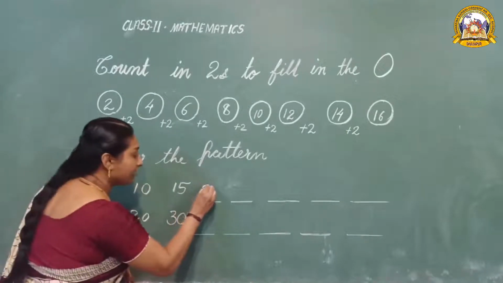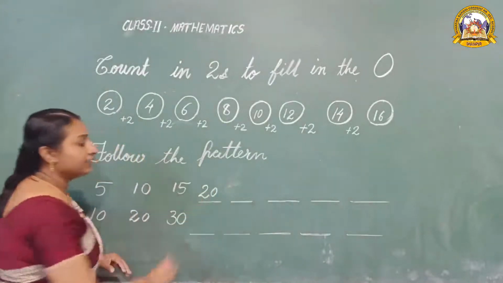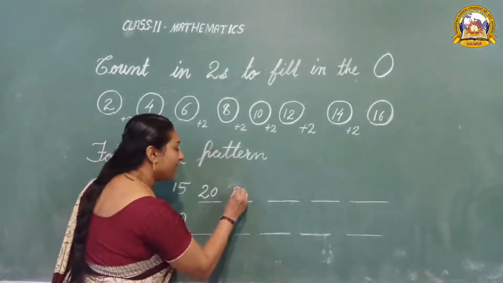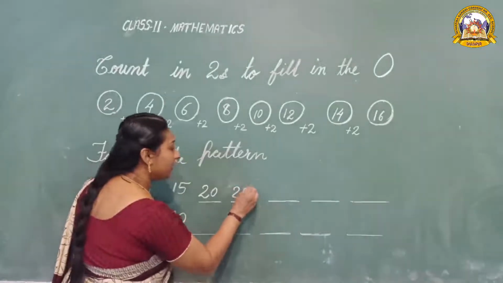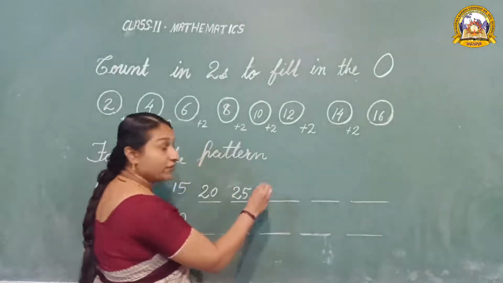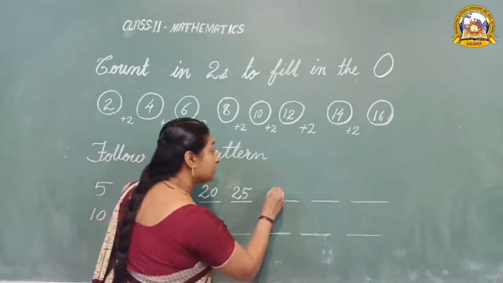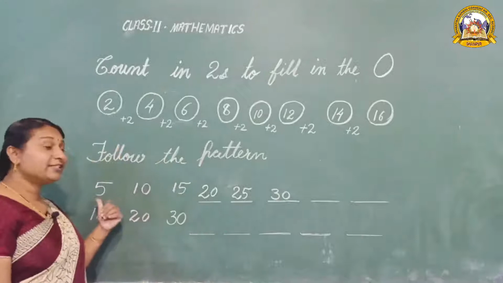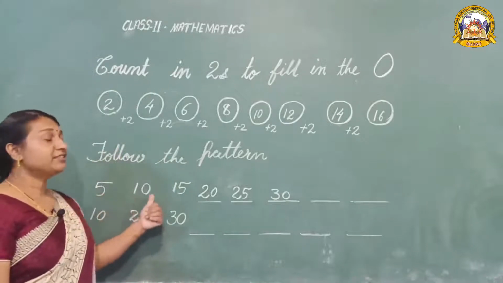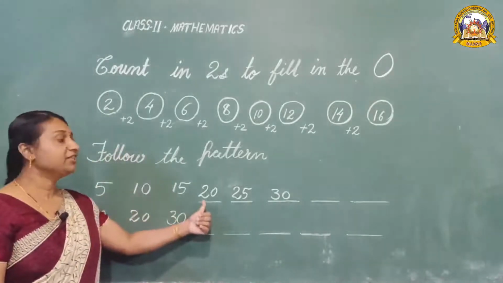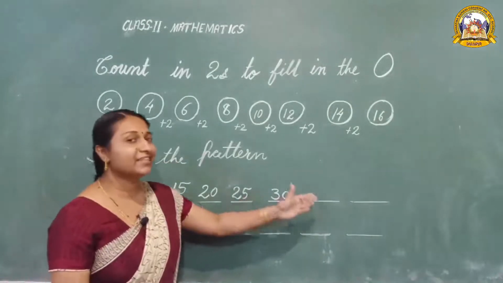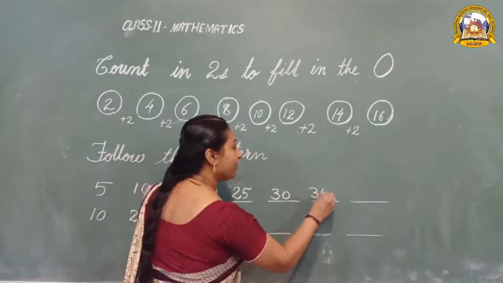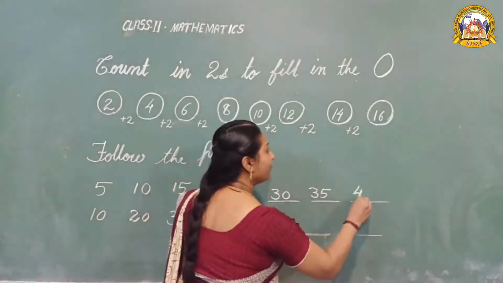So let us write 20. Yes, 20 plus 5 is 25. Very good. The next number is 25 plus 5, 30. Children, now just read it. 5, 10, 15, 20, 25, 30, 35, 40. Yes, very good.